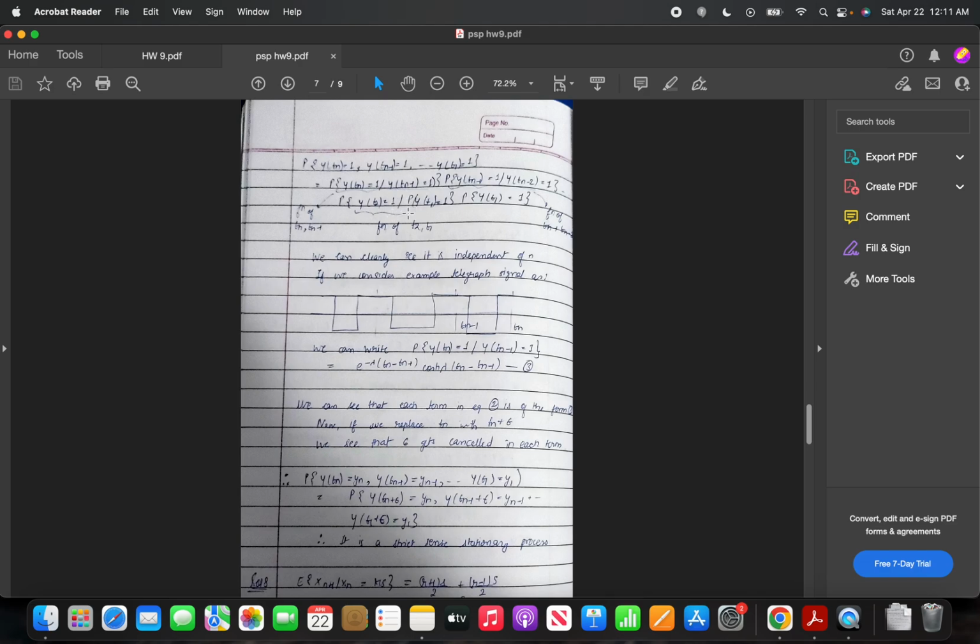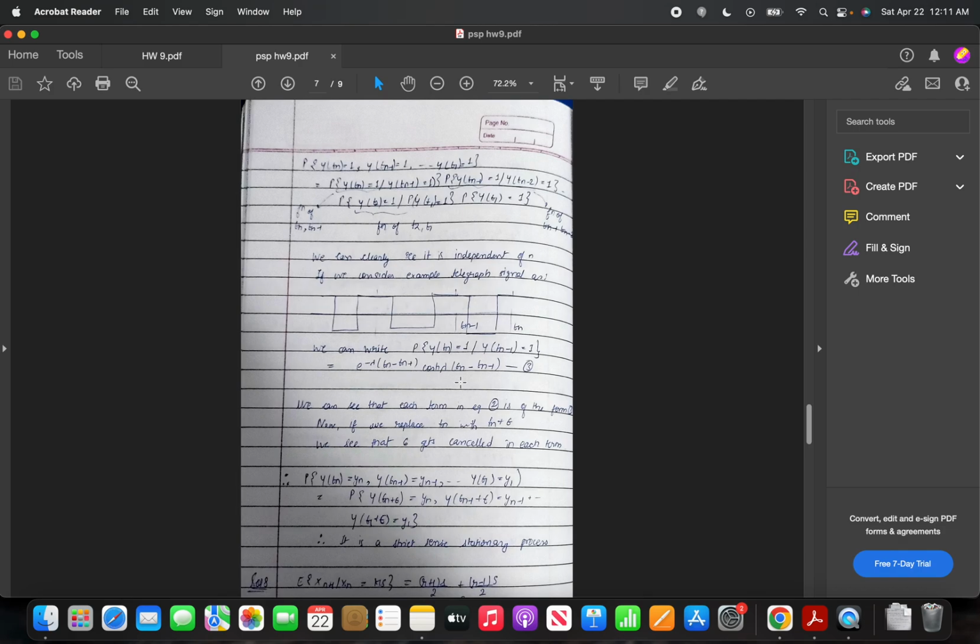So we can write each of the terms in the following form. We can write the probability of Y(tn) equals 1 given Y(tn-1) equals 1 in the form of exponential and cosine values.